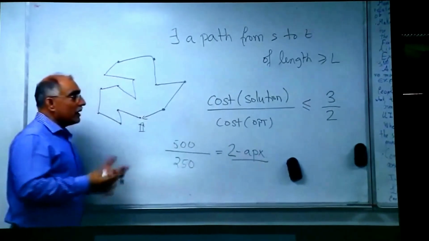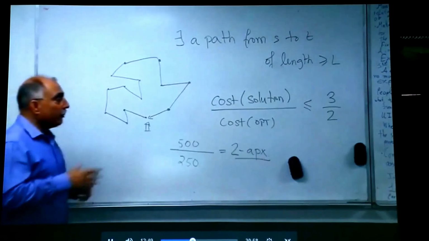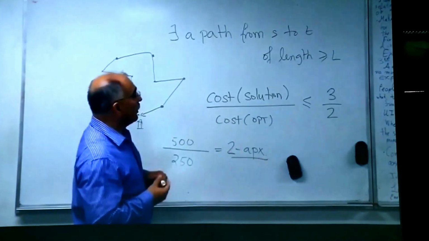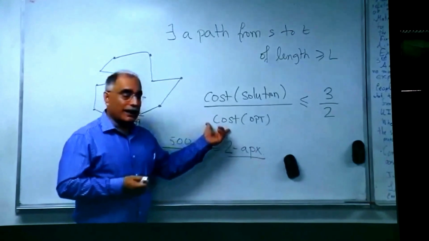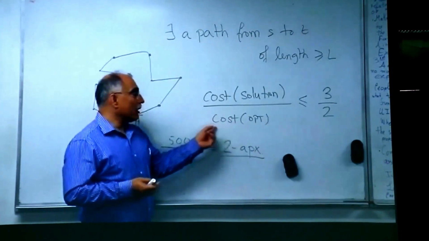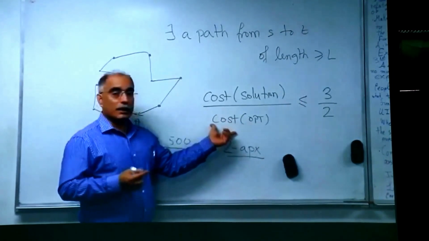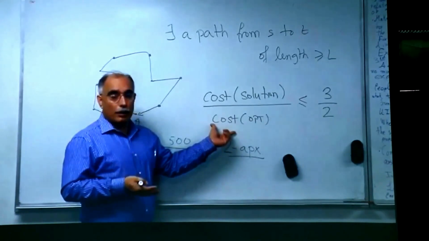Now, one might say, why is this of any value? The reason this is of value is that most of these techniques that we come up with are, because we don't really know what the true optimum is, methods for lower bounding the optimum cost.